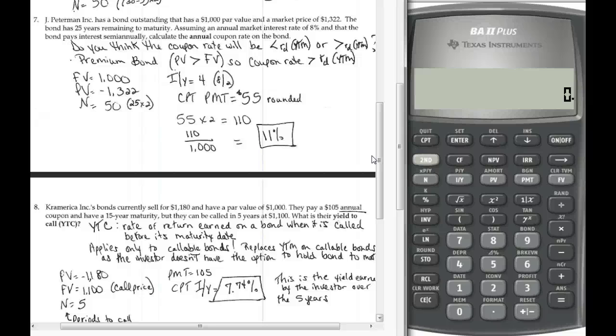So given that it's a premium bond, the coupon rate is definitely going to be greater than the yield to maturity. And in this case, you're solving for the coupon rate. So how do you go about doing that? Pretty straightforward. It's all right there in front of you. You solve for the payment. Take the payment, multiply it by 2, divide it by 1,000, and you should get 11%.